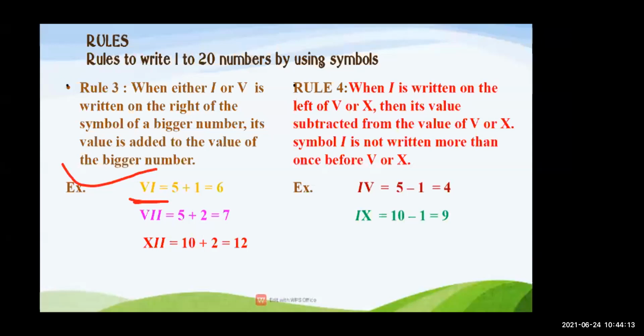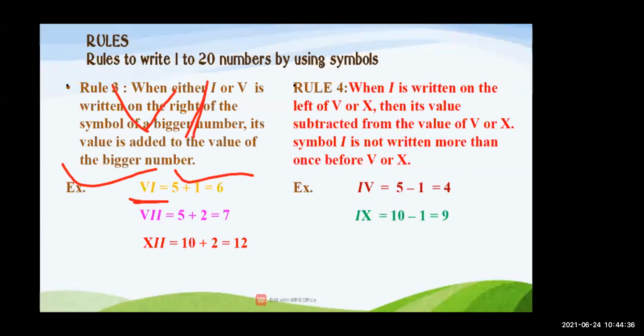We have to add. Is it clear? When it is written on the right side, we have to add. Now what is meant by V? V means 5 and I means 1. So what will we get? 5 plus 1. So 6 is V and I. What does it make? It makes 6.